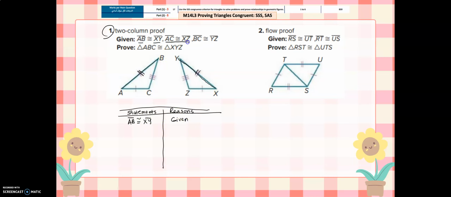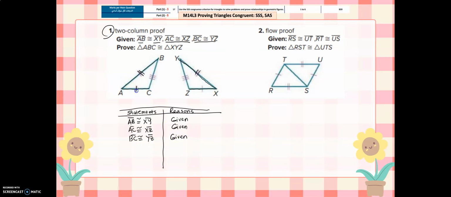Another one, we have AC, so this side is congruent to XZ. So we are going to write that AC is congruent to XZ. Then we have another given information, which is BC is congruent to YZ. So segment BC is congruent to YZ. This is also given.